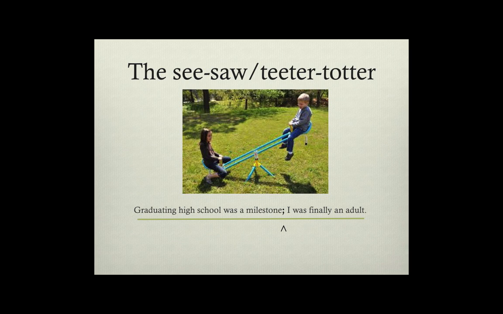Think about it as though that semicolon is the fulcrum of these two sentences. In other words, what this means is that on the left side of the semicolon, you have to have a complete sentence. On the right side of the fulcrum, you have to have a complete sentence.